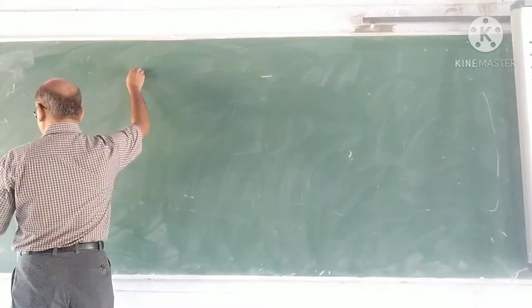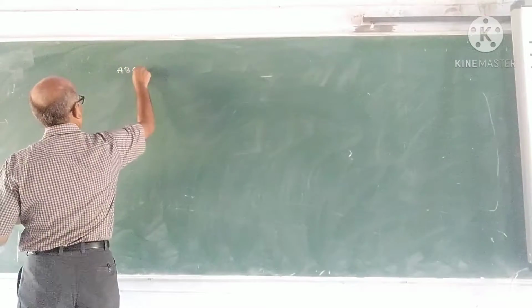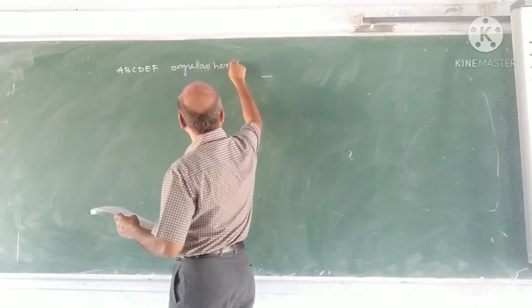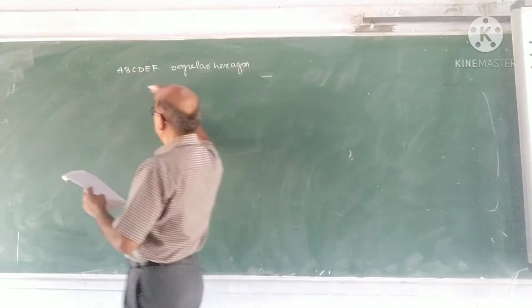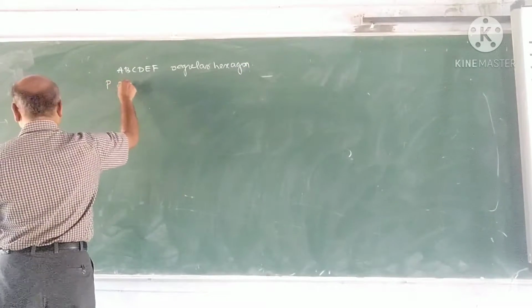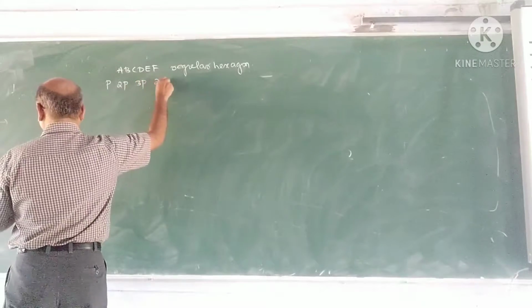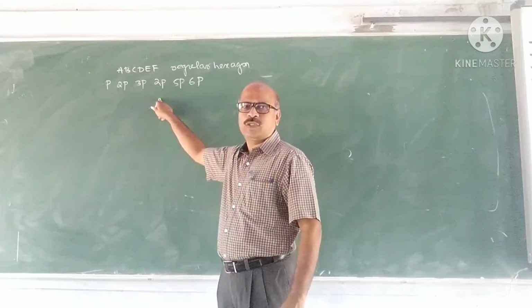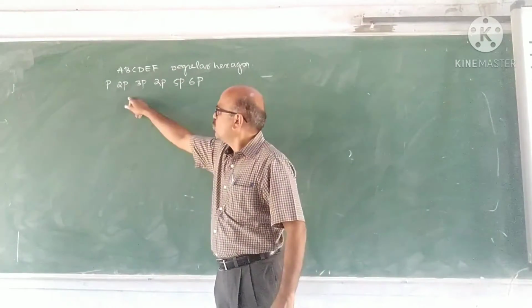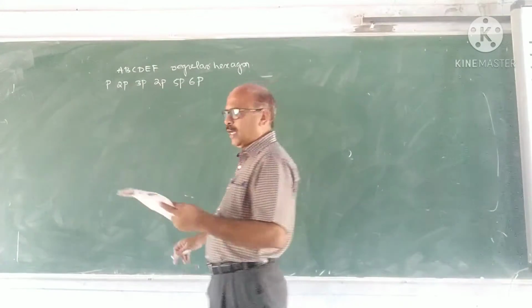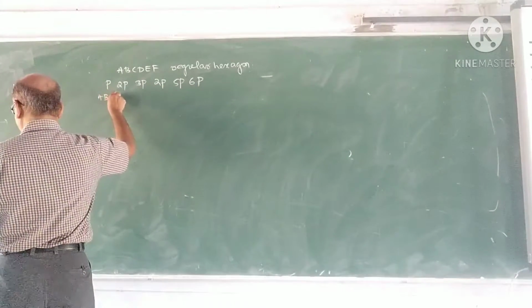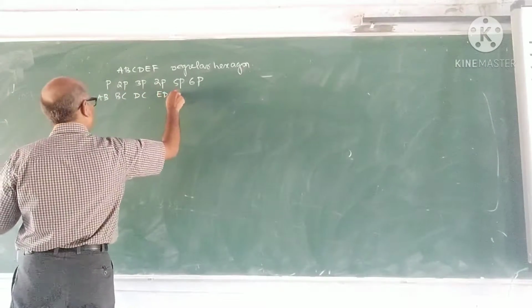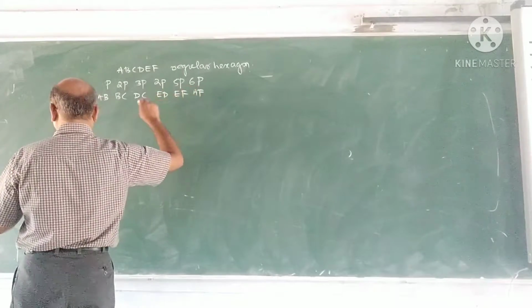ABCDEF is a regular hexagon. Forces P, 2P, 3P, 2P, 5P, 6P act along AB, BC, DC, ED, EF and AF respectively.